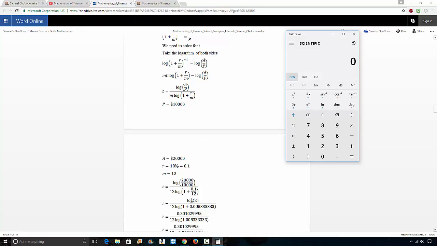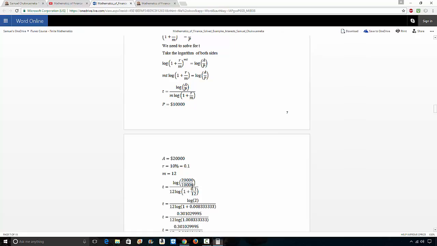So this is what I have here, because 20,000 divided by 10,000 is 2. In this case, I'm going to do the denominator first, then save it in the memory, then do the numerator, and then divide by the memory recall.